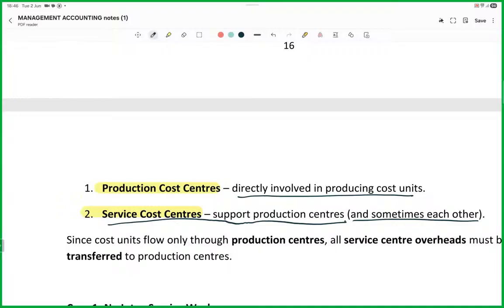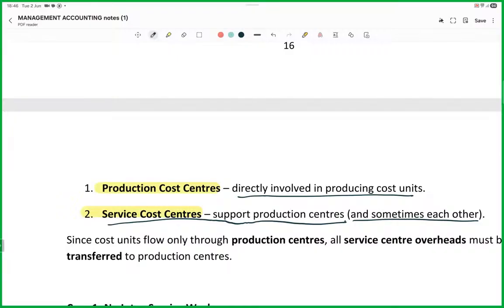Producing departments are the ones involved in production directly. And then we have service departments, the ones that support other departments for them to be able to meet their objective.